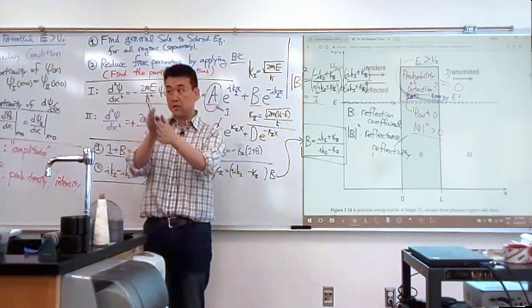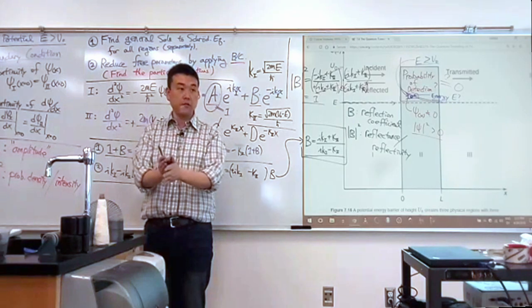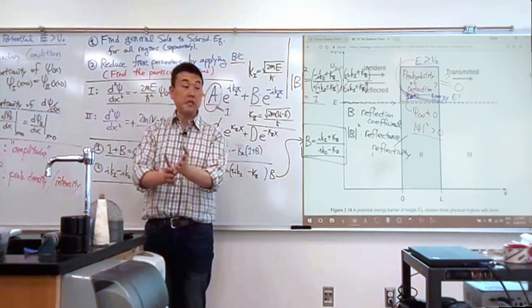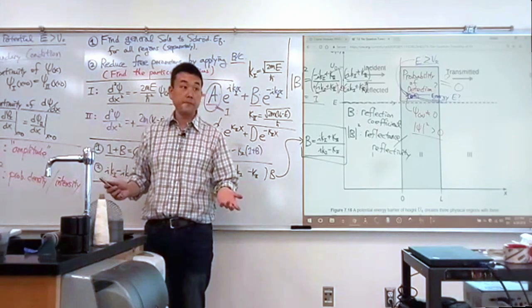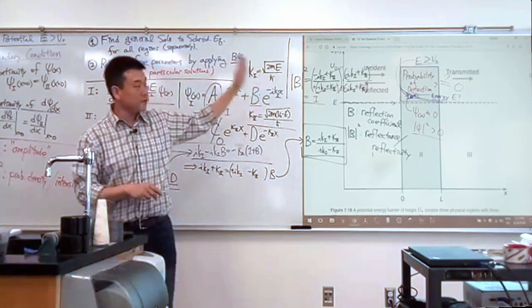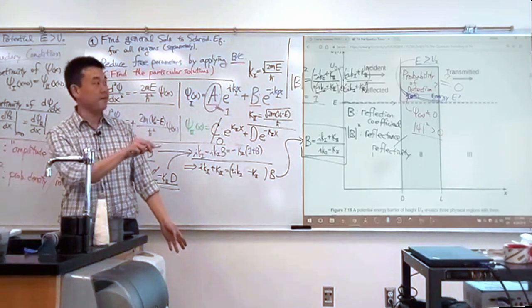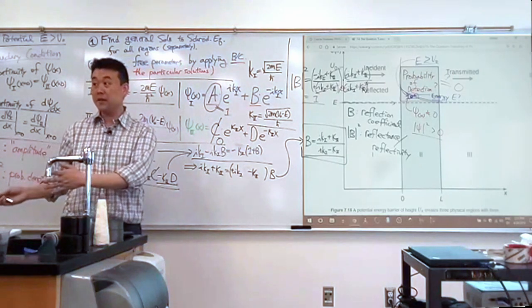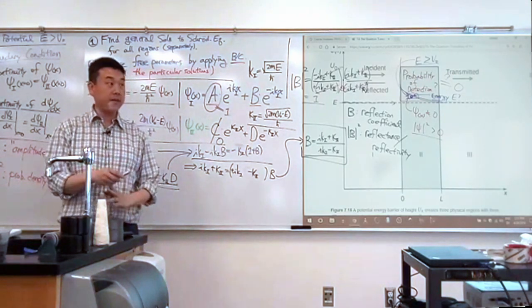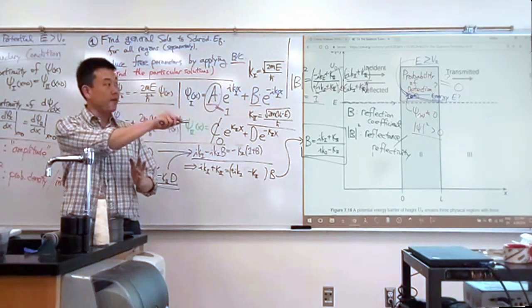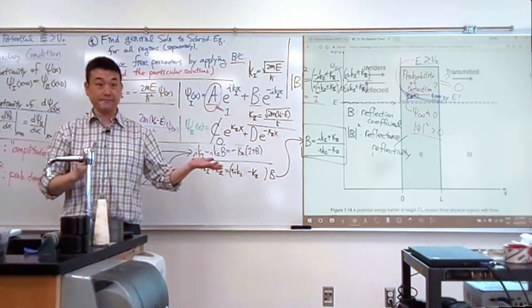When you try to localize the position, in the process of it, you're just going to impart some amount of momentum to increase the momentum uncertainty. And so here, energy conservation is still fine. The moment you detect the particle here, whatever detector you're using has interacted with the particle, gave it enough energy so that it's okay to be here because now it has more than the potential energy.